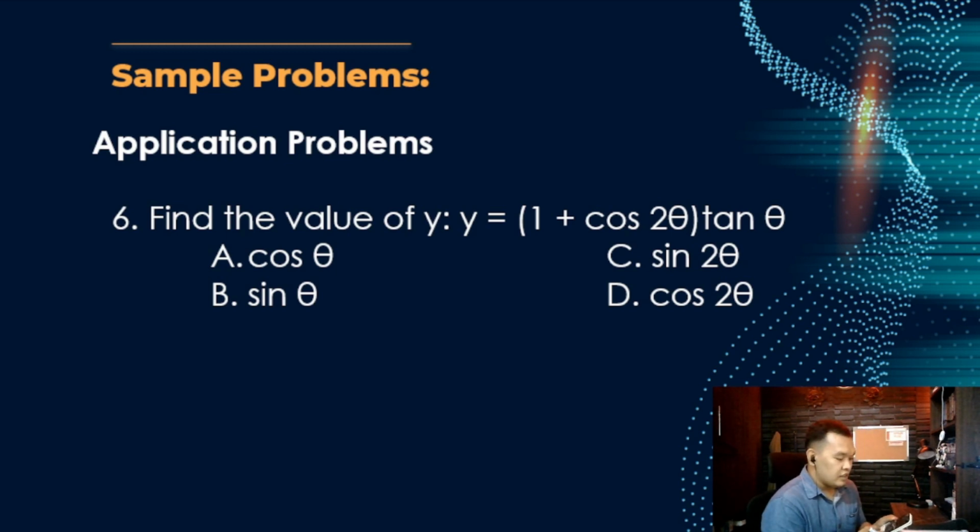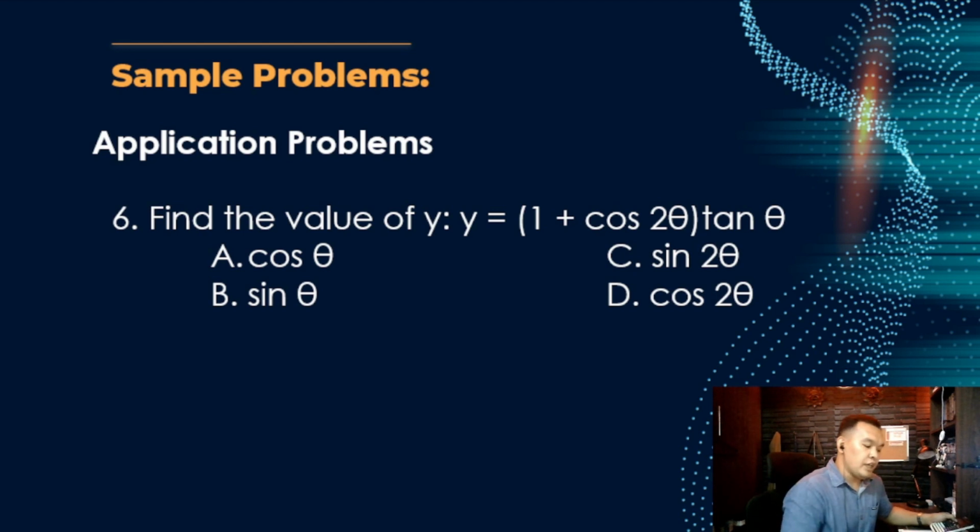Then sine 30, so 0.5. Then we have also sine 2 times 30, pareho din 0.866025. Then cosine 2 times 30, so we could say that ay 0.5. So the choices halos pareho.